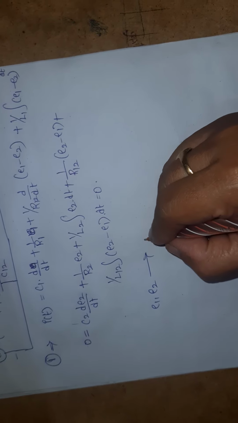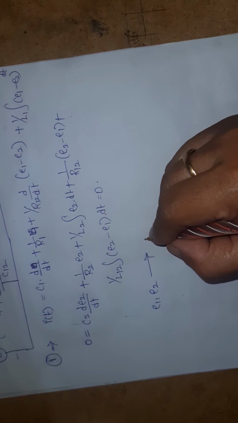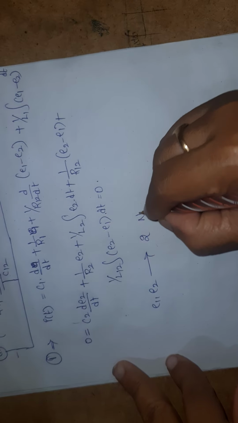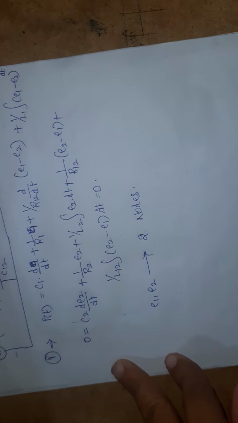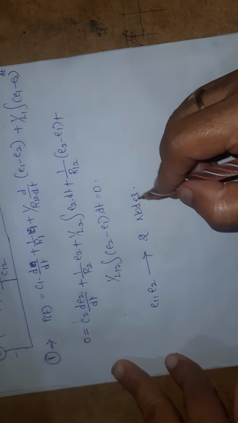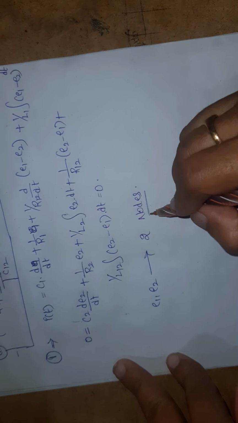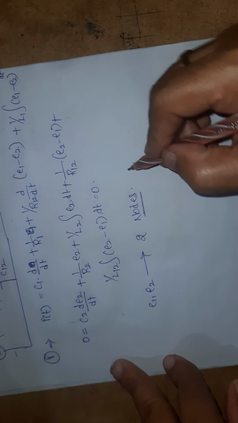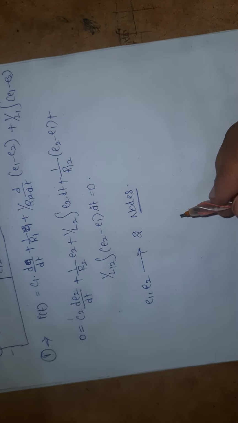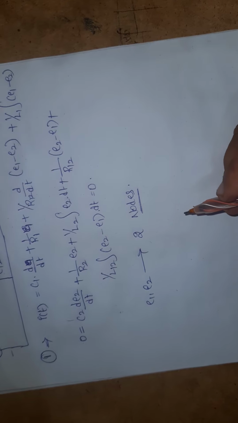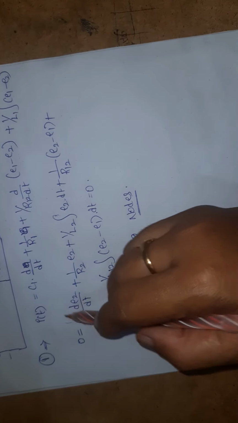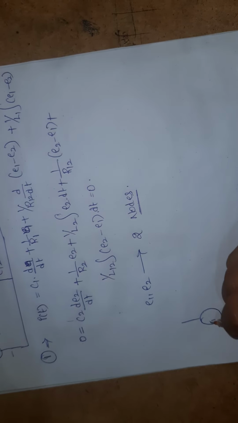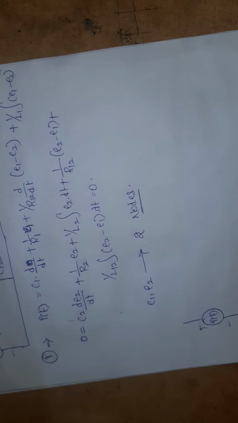So I am going to have two loops or two nodes. In the force to voltage we are having loops. In the force to current we should have nodes. Okay, V1, V2 or E1, E2 like that. Two nodes I am having. So how to draw the diagram now? From equation 1, I of t is a source. So like this is I of t.